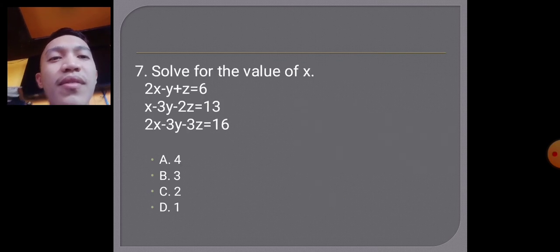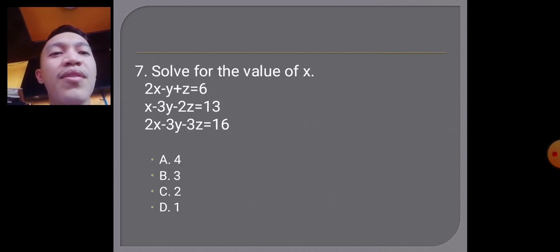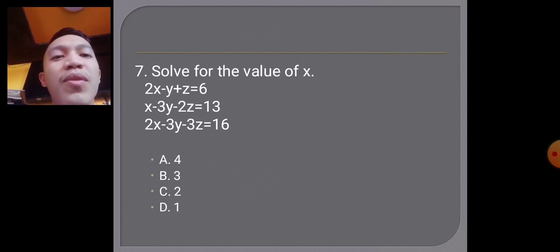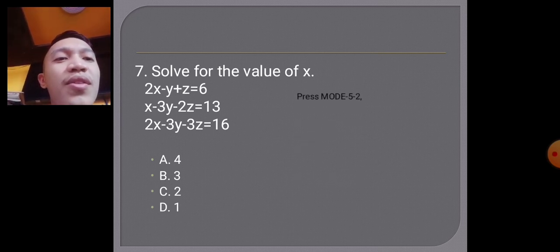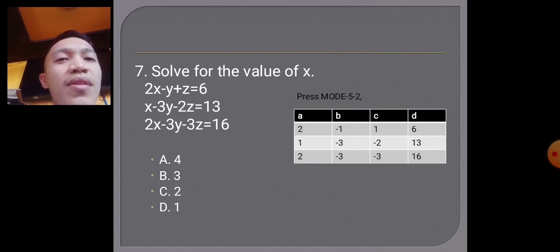And for question number 7, solve for the value of x. 2x minus y plus z equals 6, x minus 3y minus 2z equals 13, and 2x minus 3y minus 3z equals 16. Now, to solve that using the calculator, you press again mode 5, then 2, then the table will appear.